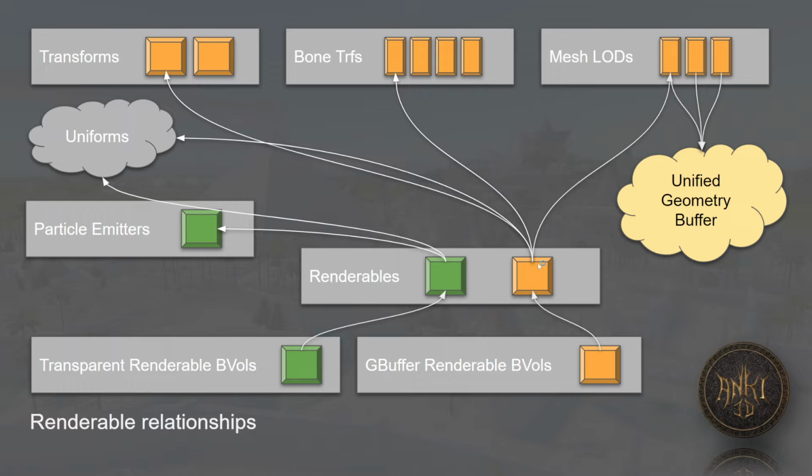The renderable points to two transforms, one for the current frame and one for the previous frame, and that is to calculate the motion vectors. And it also points to up to 3 Meshlets, one for each level of detail. The Meshlet point to the large unified geometry buffer that we mentioned before.